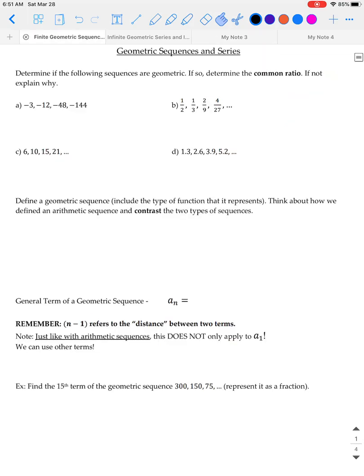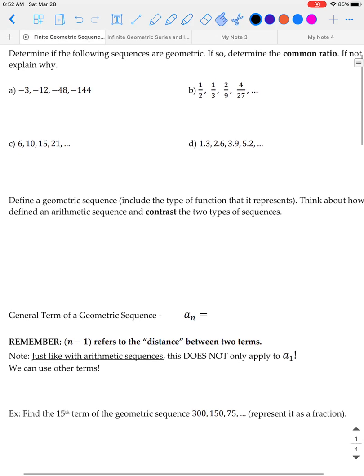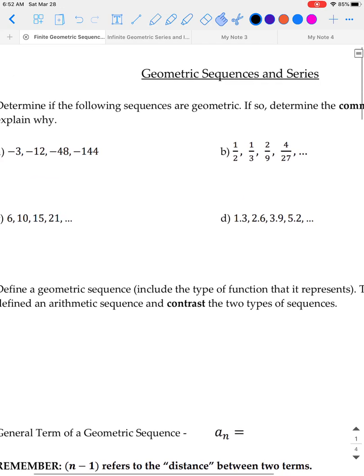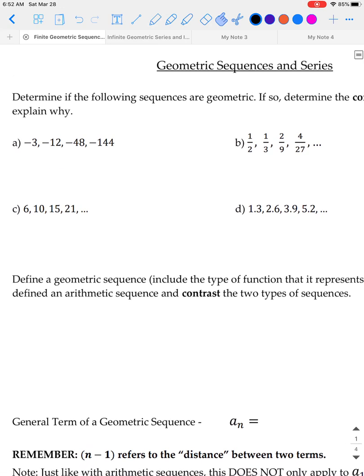So going back to our notes then, up at the top we just have some given sequences, so I'll zoom in a little bit to them, and we can test out and see whether these have common ratios or common differences. If I look at the first sequence, it looks like if I take -12 over 3, I get 4.